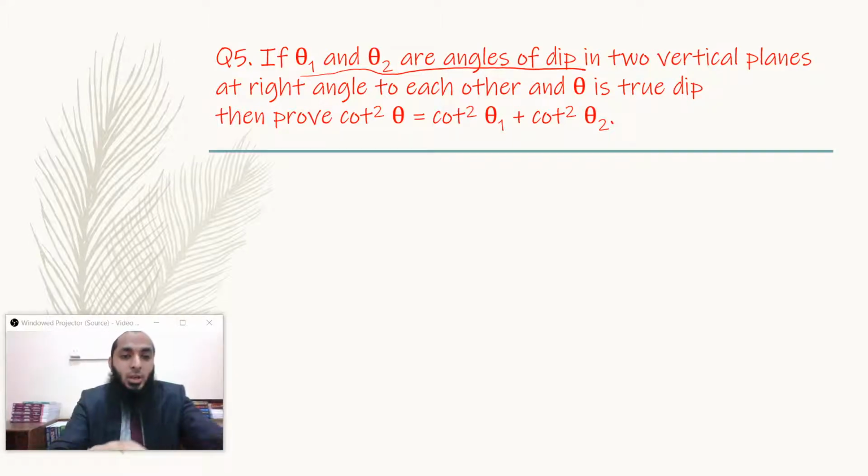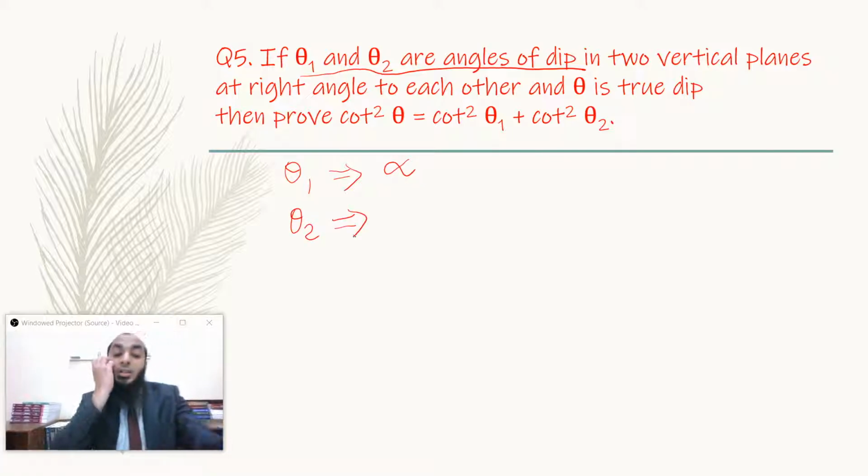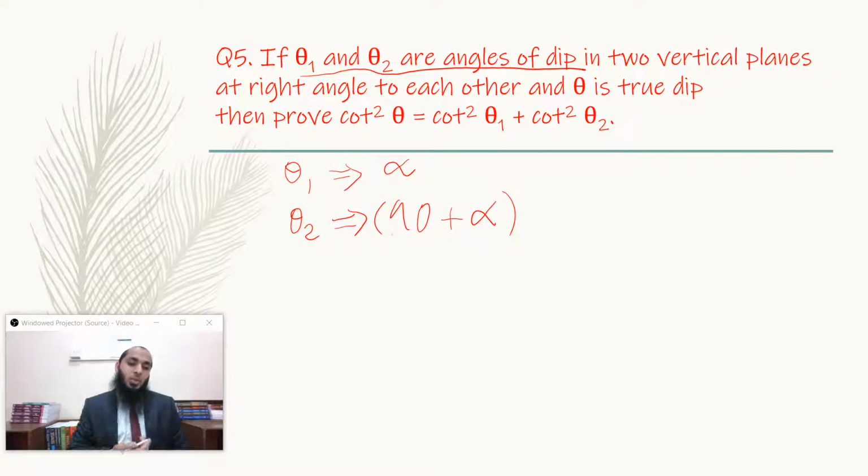So here let's say theta 1 is the apparent dip in a plane at an angle alpha, and theta 2 is the apparent dip in a plane which is 90 degree to it, meaning it will be 90 plus alpha or 90 minus alpha. It doesn't matter. So what is the equation that we have?